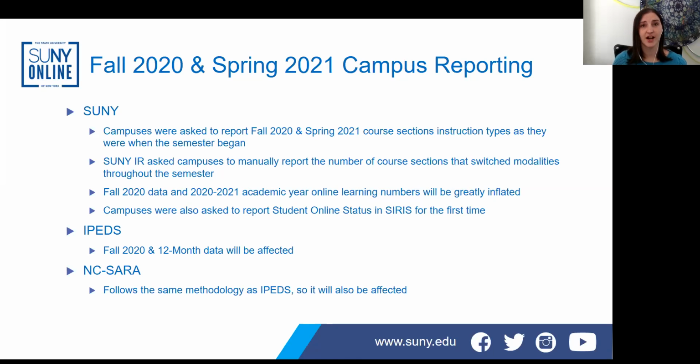It doesn't tell us if they're actually enrolled in a program or just a few courses, right? So there are always those caveats with some of that data to keep in mind. And we will see some differences when that data eventually does get released. And NC-SARA data also includes not just enrollment, but also learning placements, so out-of-state learning placements. So that's another piece where we'll have to see how that was affected going forward.